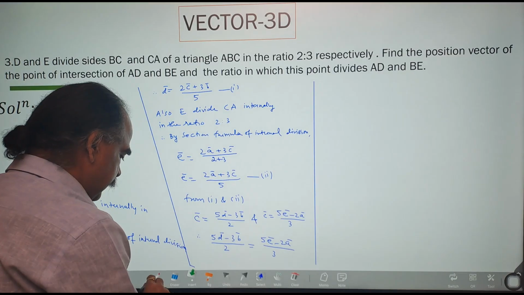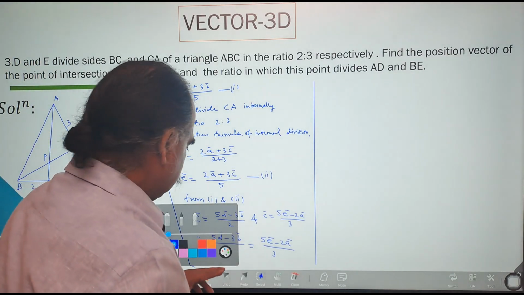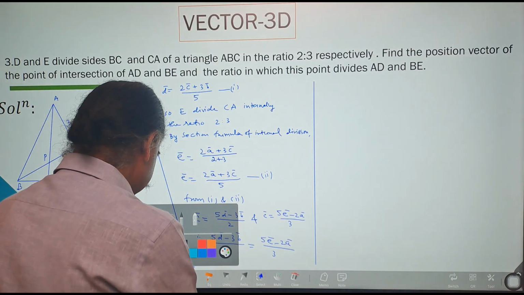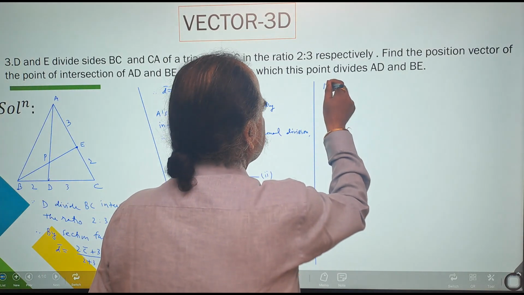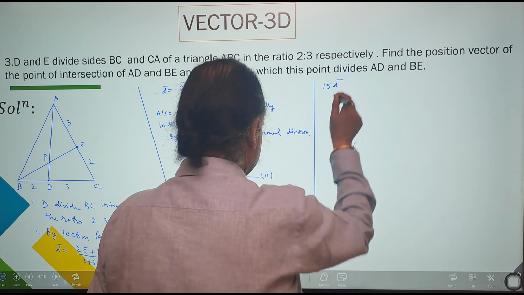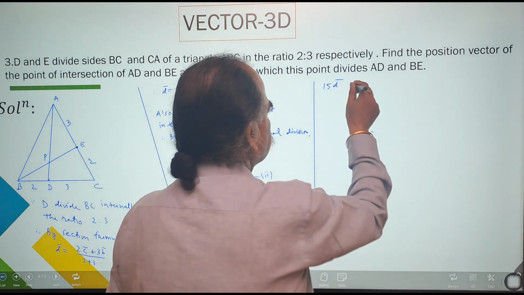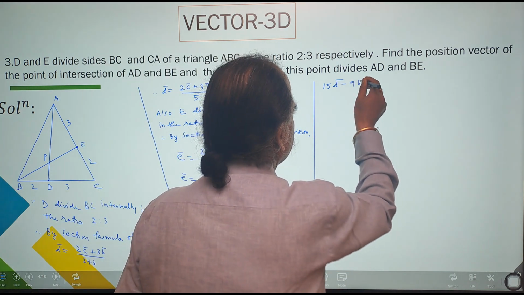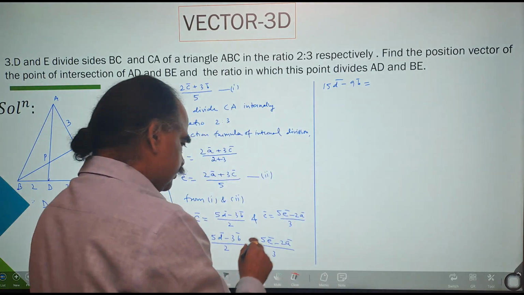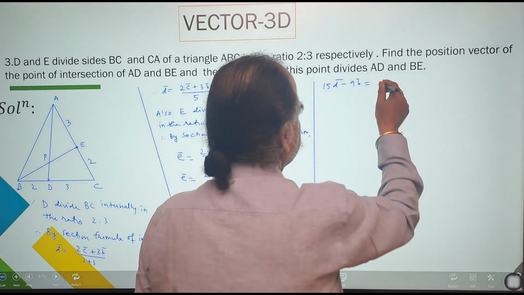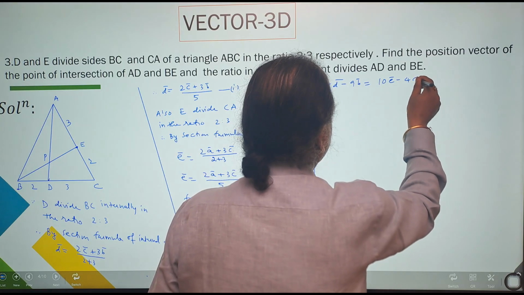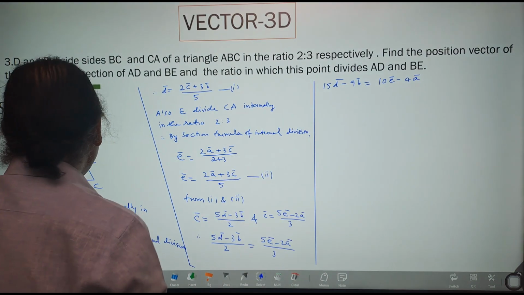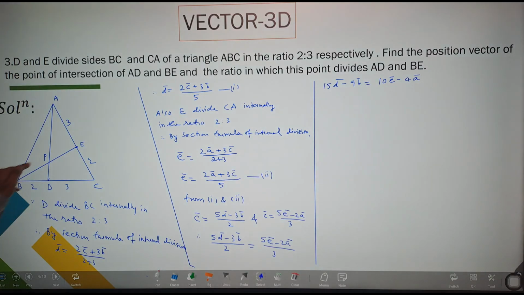We will cross multiply and will get 3 into 5, 15D bar minus 9B bar is equal to 10E bar minus 4A bar. Now we want point of intersection of AD, BE.